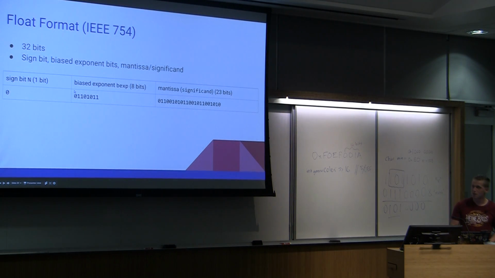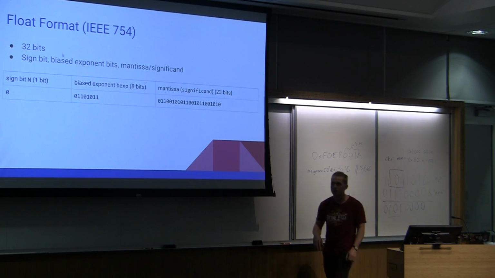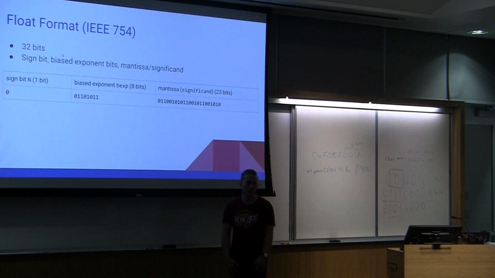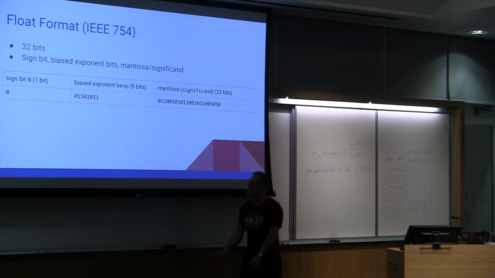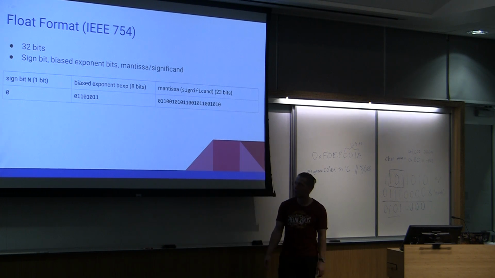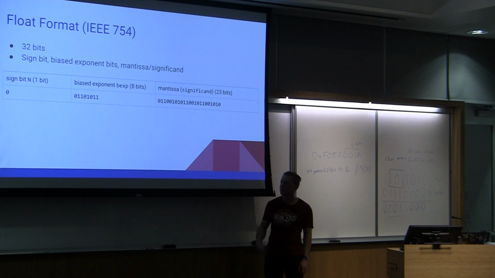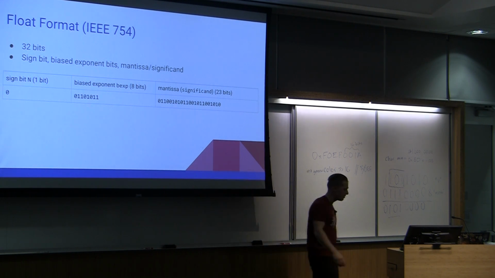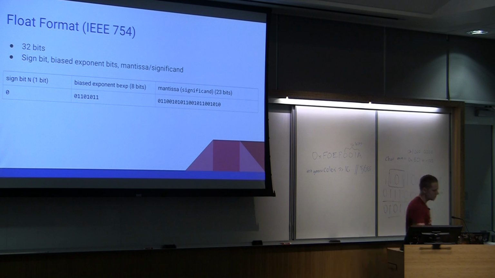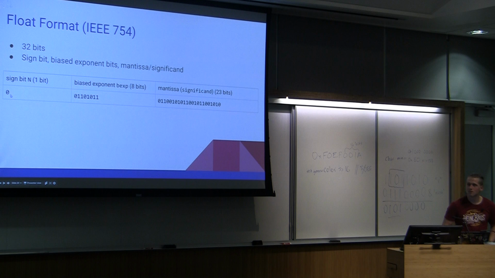So just to remind you, the float format is 32 bits, so it's the same size as an integer on the Myth machines. And the format is shown in the table here. I've just drawn a float with its three sections labeled. In the most significant bit, you have the sign of the floating point number. When the sign bit is 0, the number is positive, and when the sign bit is 1, the number is negative.